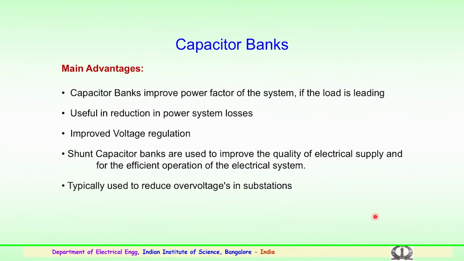It is useful in reducing power system losses, and the voltage regulation is also improved. Capacitor banks are normally used to improve the quality of electrical supply and for the efficient operation of the electrical network. Capacitor banks are also used to reduce the over voltages in the substation.